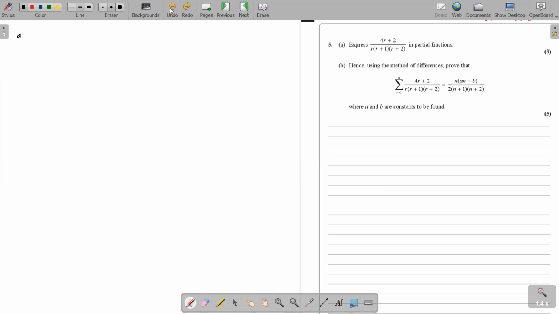So in part B, we are supposed to take the summation of 4r plus 2 over r plus 1, r plus 2. Can you all remind me the partial fractions which we got? A over r was 1 over r. B over r plus 1 was 2 over r plus 1, and minus 3 over r plus 2.